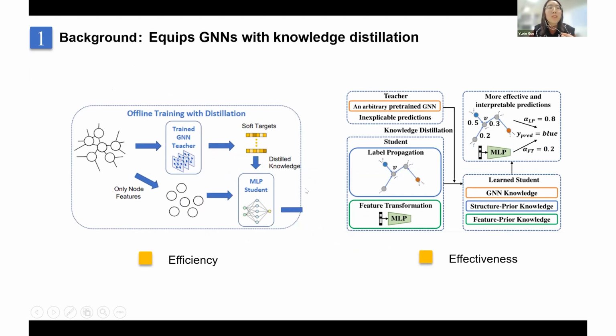From the perspective of effectiveness, knowledge distillation can extract the knowledge of a given teacher and inject it into a well-designed student to utilize more prior knowledge and thus predict more precisely.